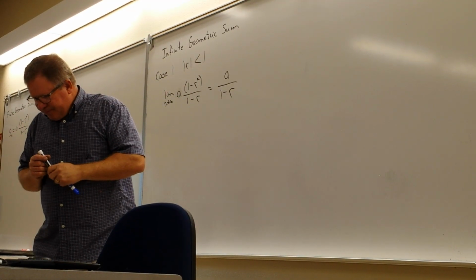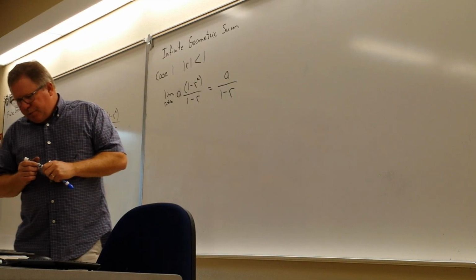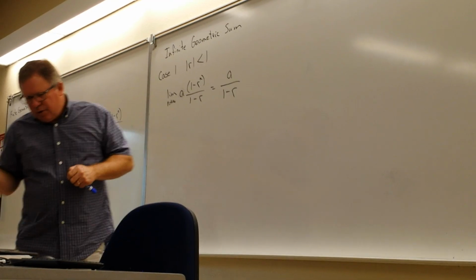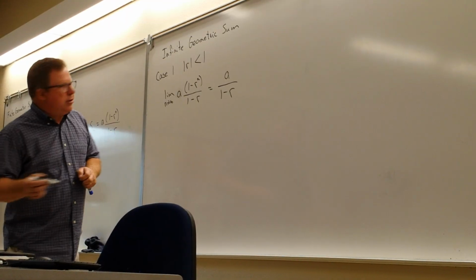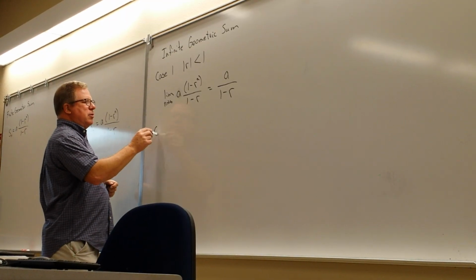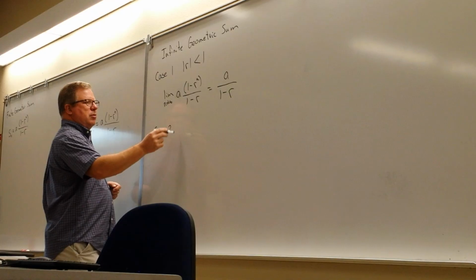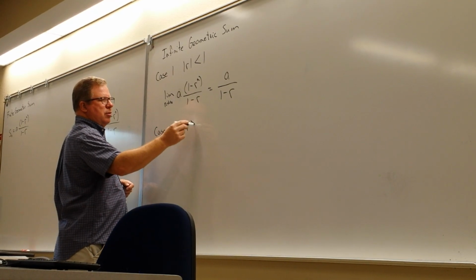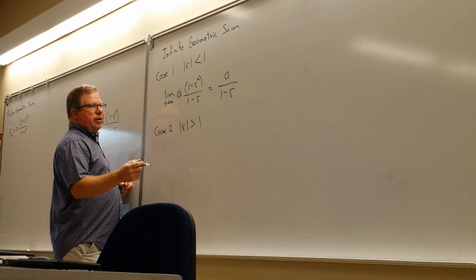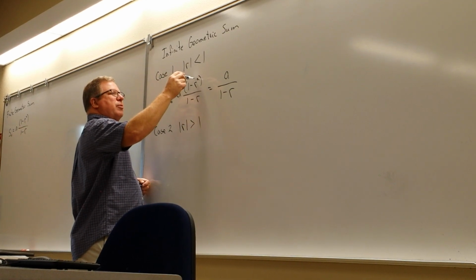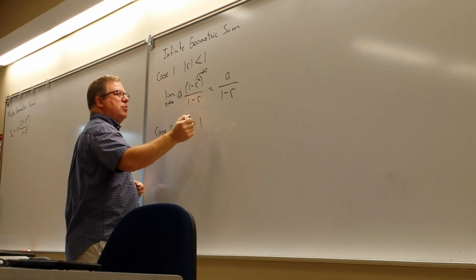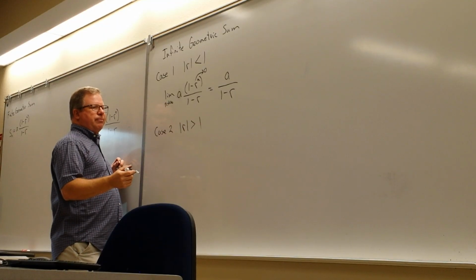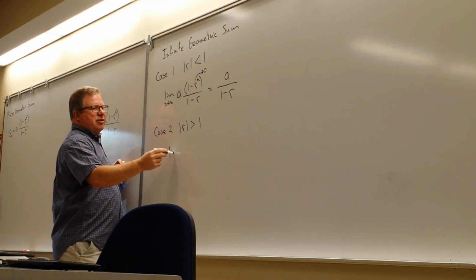Now, case 2. What about when absolute value of R is greater than 1? Then at least write this. This here goes to 0. So then what happens to this limit?